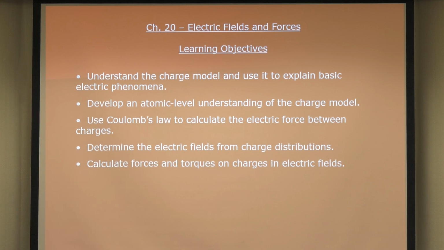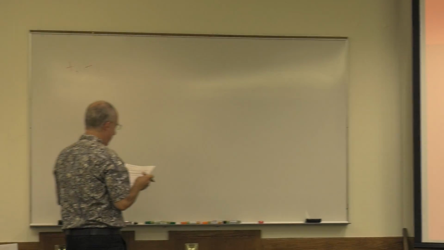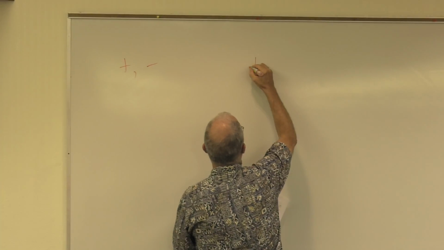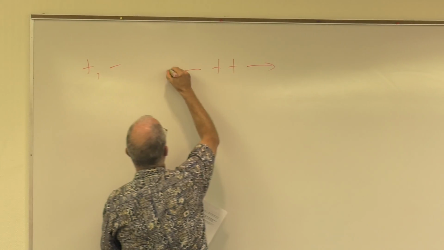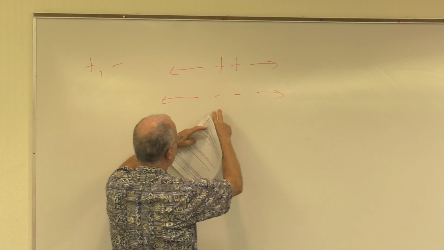All right, so let's just review some things that I'm sure you already know. So as far as electricity, there's two kinds of charges. There's plus and there's minus. And if you have like charges, they repel. So you have two pluses, they repel. Two minuses, they repel.